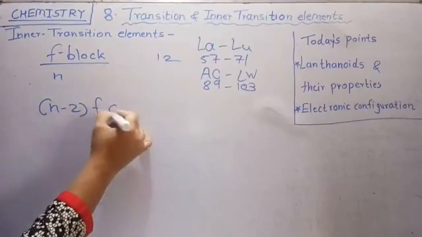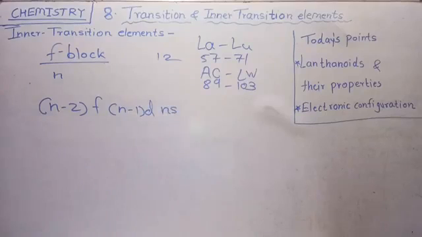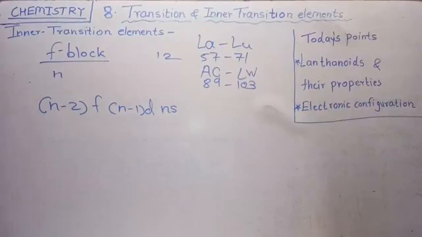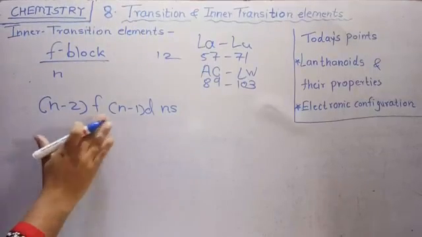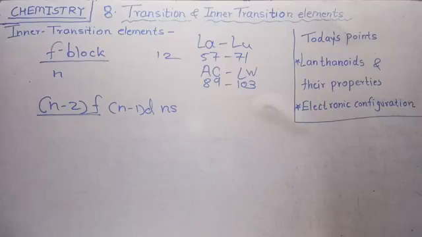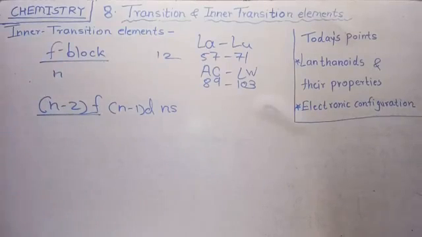That means there is the penultimate shell of D, and there is the last shell, the n shell, that contains the S electrons. That is (n minus 2)F. Their valence electrons are present in the pre-penultimate shell of the F orbital, so they are called the F block elements.